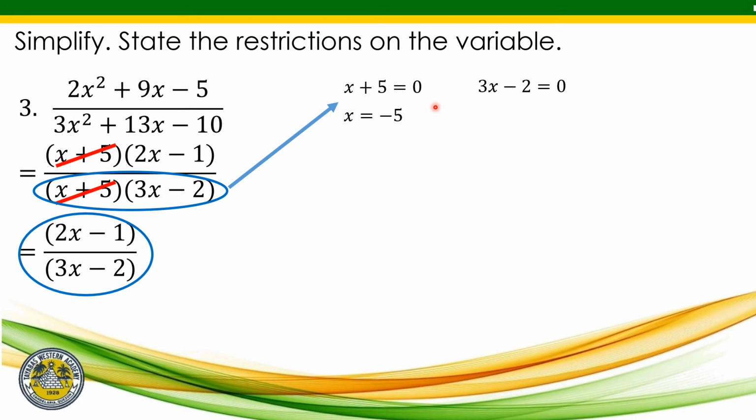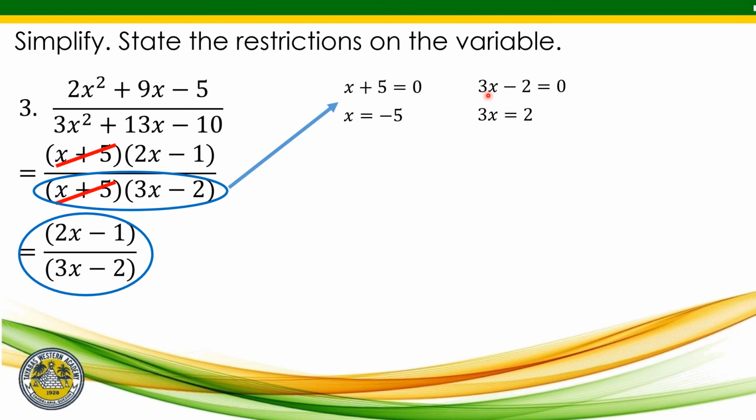Pinaghiwalay lang natin. Next, x is equal to negative 5. It is because yung positive 5 nilipat natin sa kabilang side. So, yan yung value ng x na kapag sinubstitute natin sa denominator, it will result to 0 or magiging undefined yung expression natin.